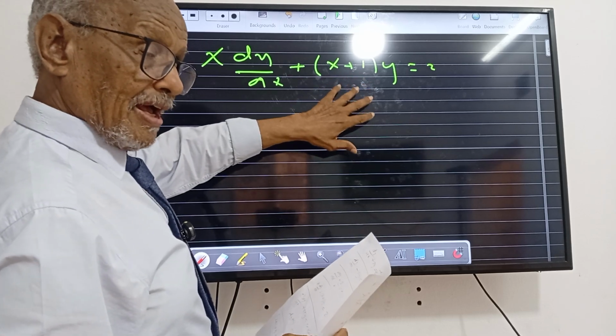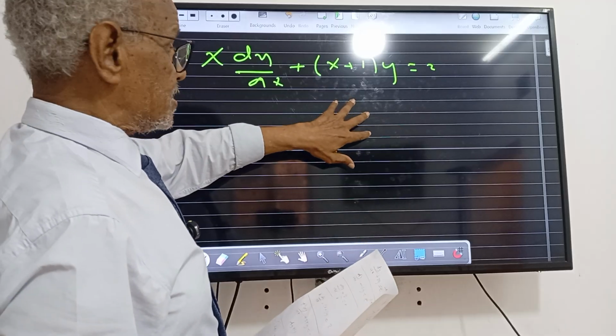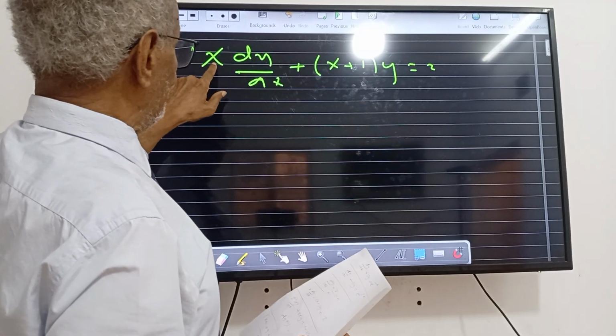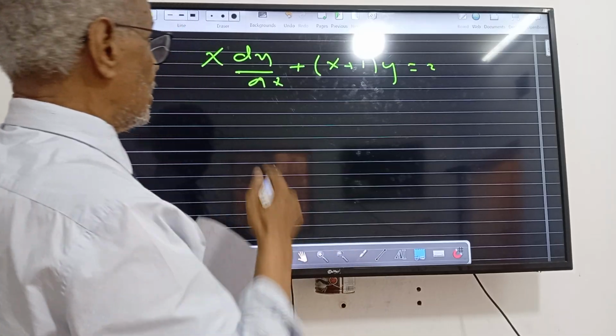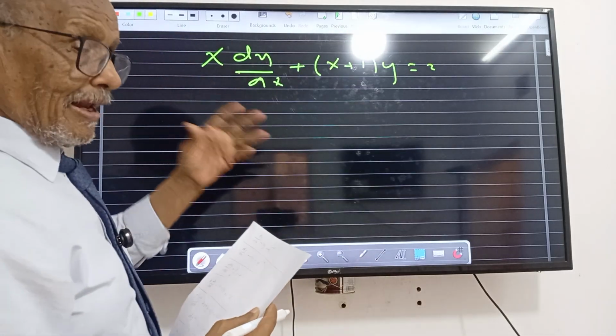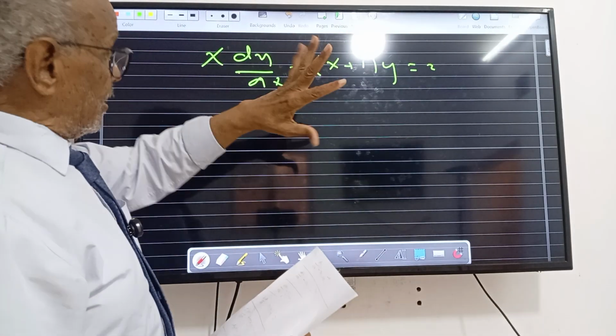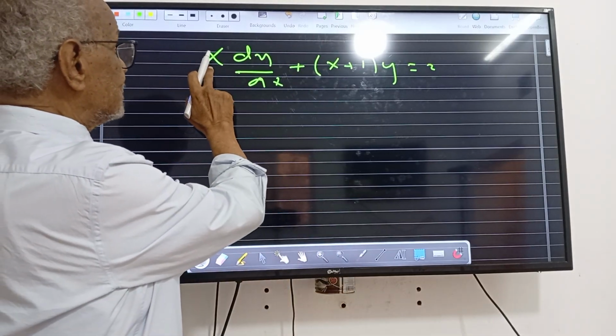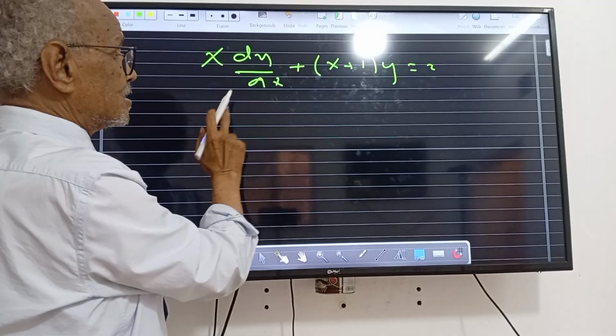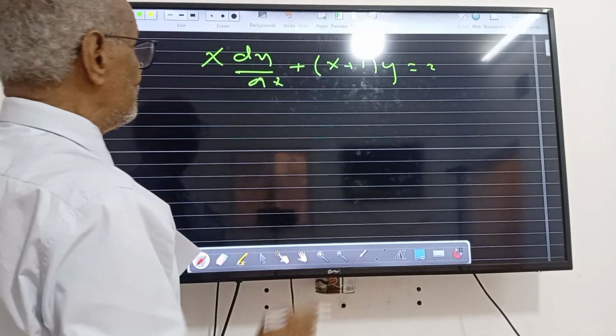this function is no longer in the form of a linear differential equation, because dy over dx is multiplied by x. So to make it a linear differential equation, we have to divide all terms by x.